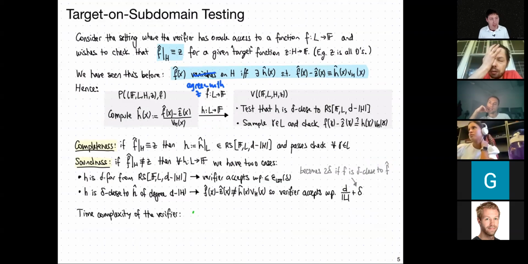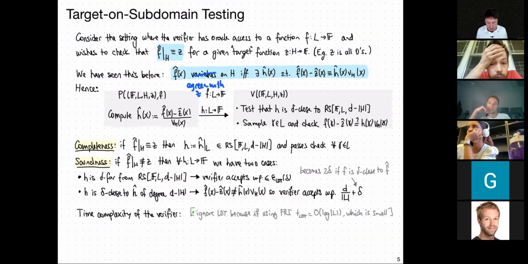Now, crucially, something that we did not really pay much attention to in the past is the time complexity of the verifier, right? Because we want the verifier not to pay in the whole computation size. For now, we're going to ignore the low degree test, because we're factoring it out. But we know that FRI is going to be fine.